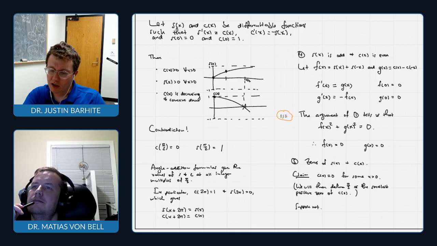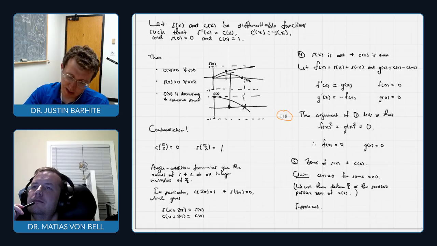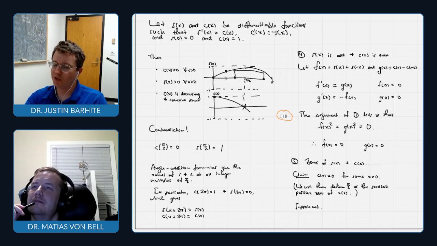For the argument I've already given, by Rolle's theorem, that would force a smaller 0 for C of x. I also know that there aren't any zeros between pi over 2 and pi. Basically because if you had a 0 here, that would put another 0 at pi minus that x value.